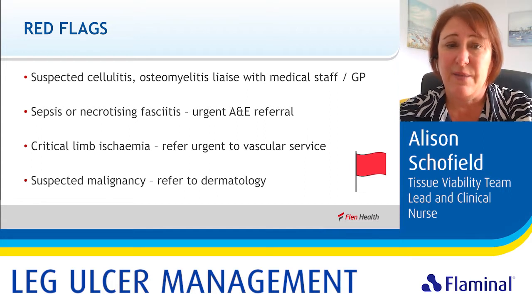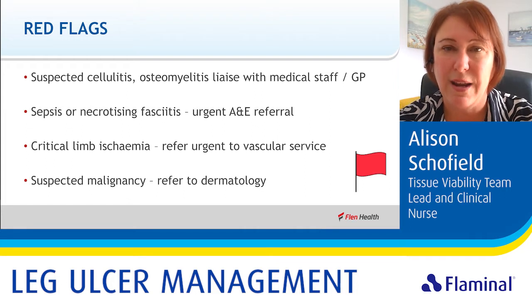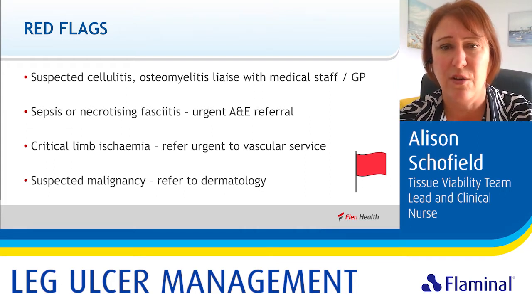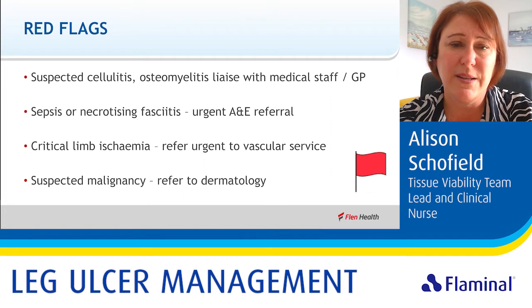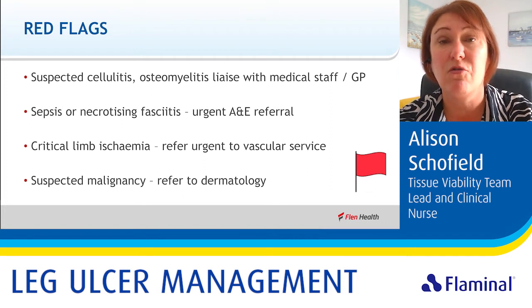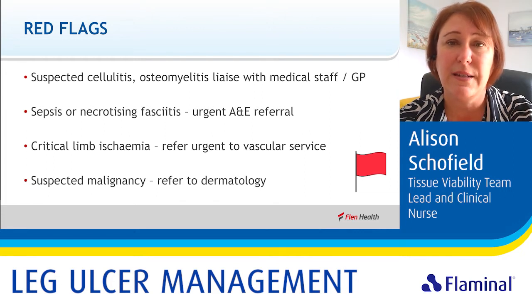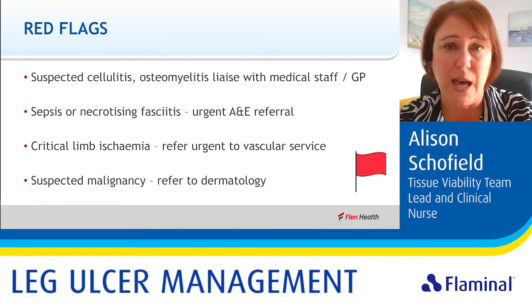If anybody has sepsis or necrotizing fasciitis, this can come on really quickly. We seem to have an increase in necrotizing fasciitis often in the winter, and then the patient will feel unwell, there'll be skin changes and it can be necrotic very, very quickly. It's a bacterial infection, and it can occur from all sorts of things, even sometimes just from a scratch on a rose in the garden, something like that.